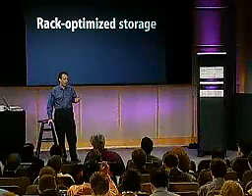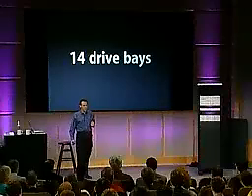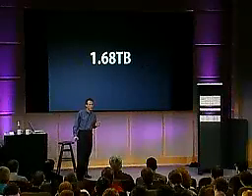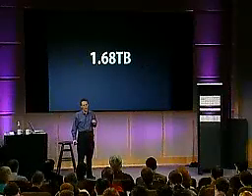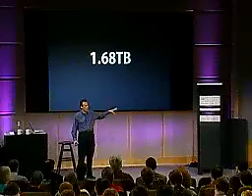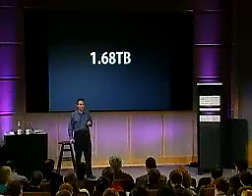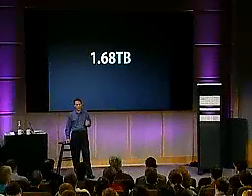Well, I'm really excited to have the opportunity to give you a technology preview of our rack-optimized storage. And rack-optimized storage is the perfect complement to the server. And what we've done is we've developed a very high-density 3U height rack-optimized storage device that has 14 drive bays. And with that density, we're able to put 14 120 gigabyte hard drives in the same Apple carriers that we use in the server and deliver 1.68 terabytes of storage.